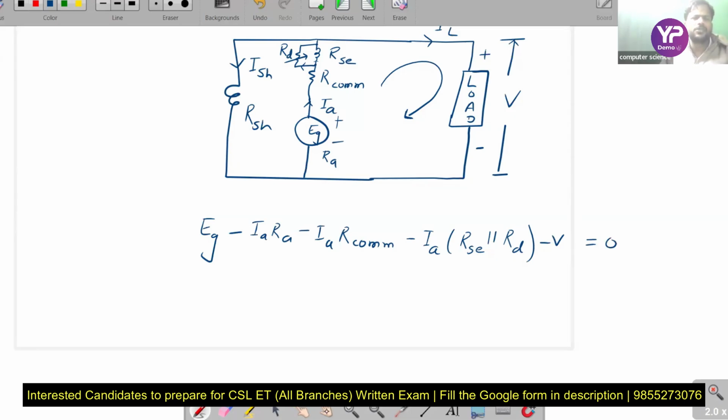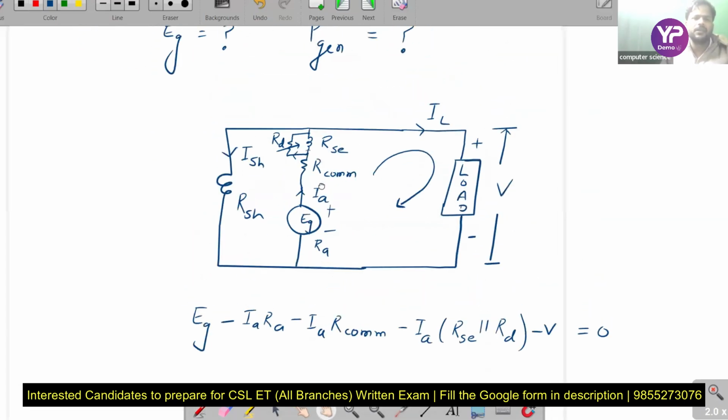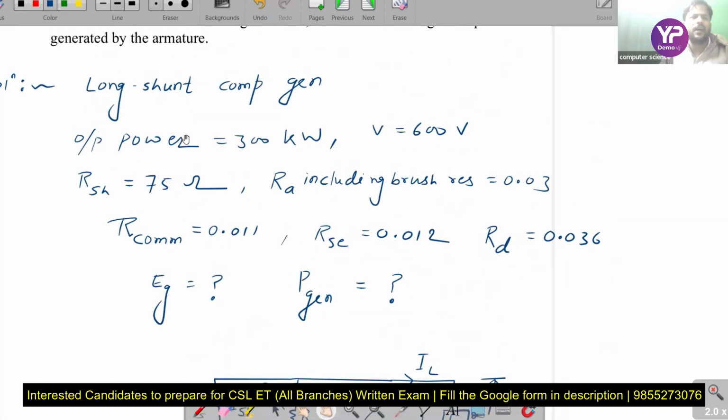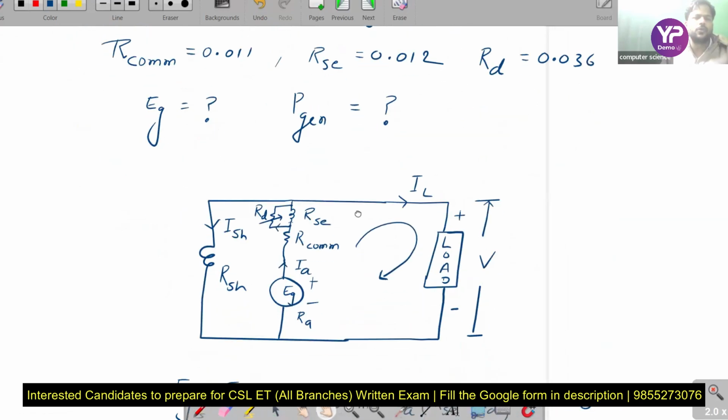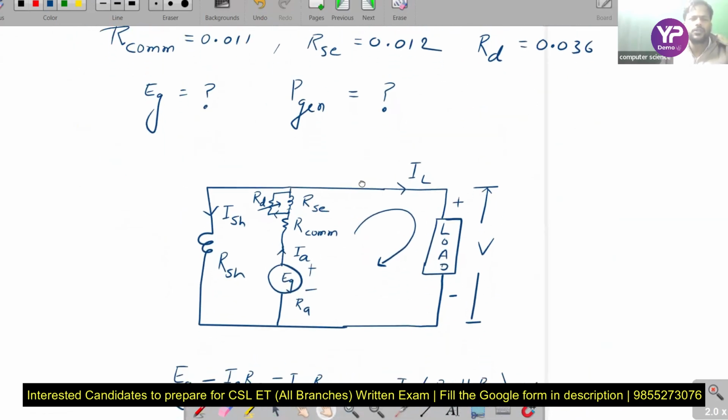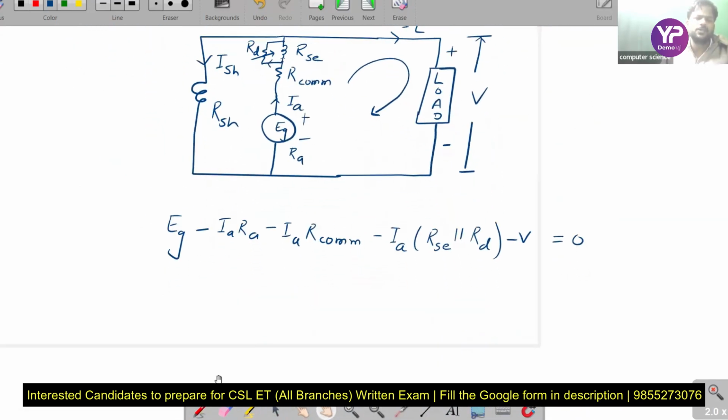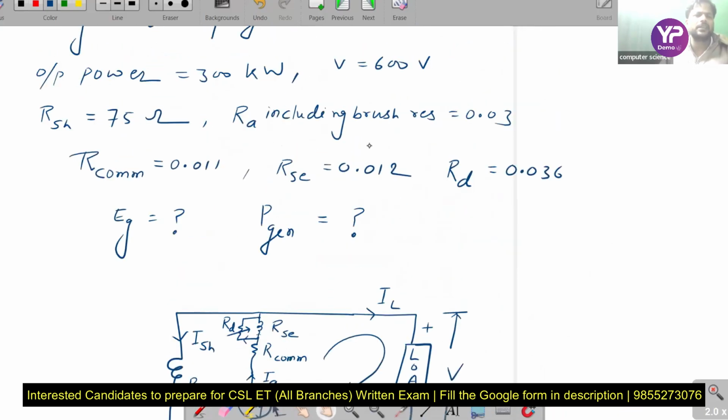Now to find the generated EMF, we need IA. Here output power is given and voltage across the load is given. So first of all we need to find the armature current. We take this as equation 1. To find the generated EMF we need IA and RSE parallel RD, and the remaining values are given in this question.